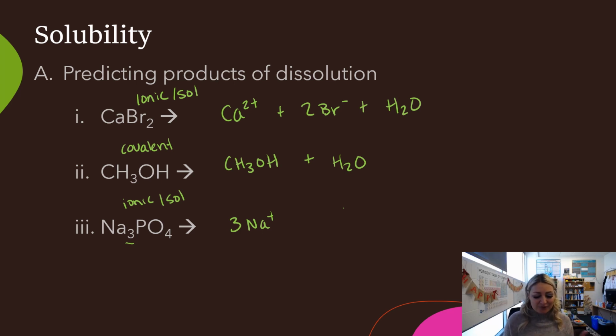Because it's a 3-to-1 ratio of sodiums to phosphate, I would have 1 phosphate with a 3- charge. And again, remember that we're keeping that polyatomic ion intact. It dissociates as a charged unit. And again, we also want to include water in that dissociation.